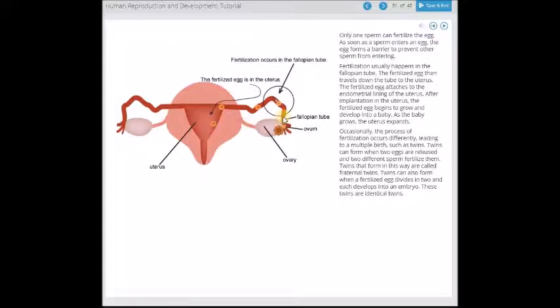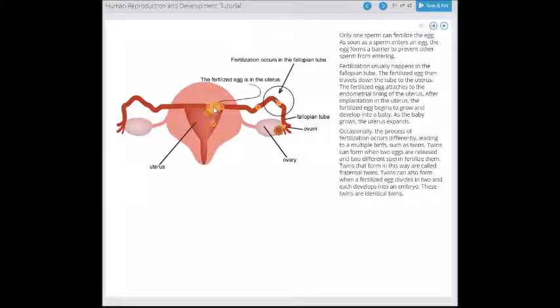Occasionally, the process can lead to multiple births, such as twins. There are 2 ways that can happen. This egg right here, this fertilized egg, which is now basically a cell, can grow and divide into 2 new cells, and then those cells separate, and then 1 embeds here and 1 embeds here, and this becomes twins. This is how you get identical twins.